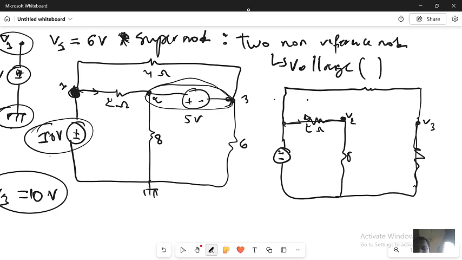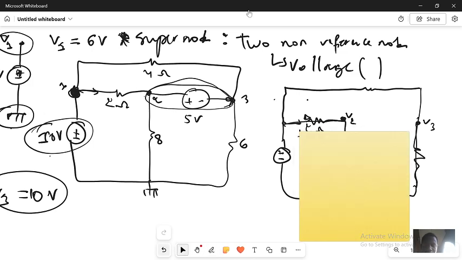This current I1 is entering, and since I1 is entering, another current, I2, is leaving here. Then this current I3 is entering here. This current will come here, I3, and I4 was leaving here.